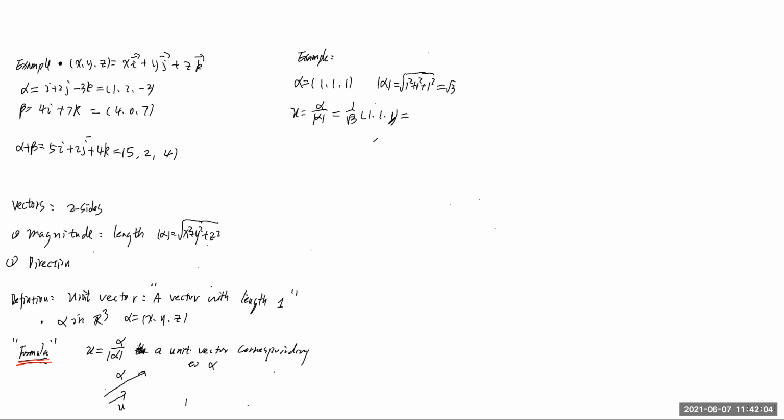We use scalar multiplication in the coordinate case. So we get (1 over square root of 3, 1 over square root of 3, 1 over square root of 3). Okay, this is the way to use the formula.